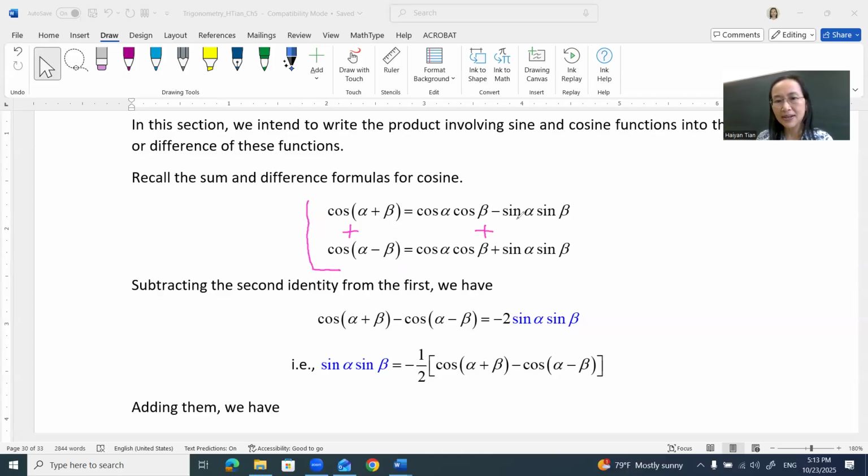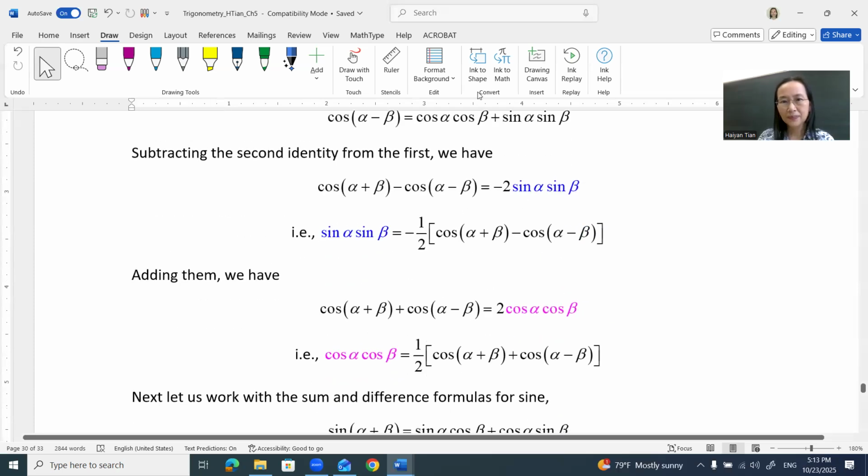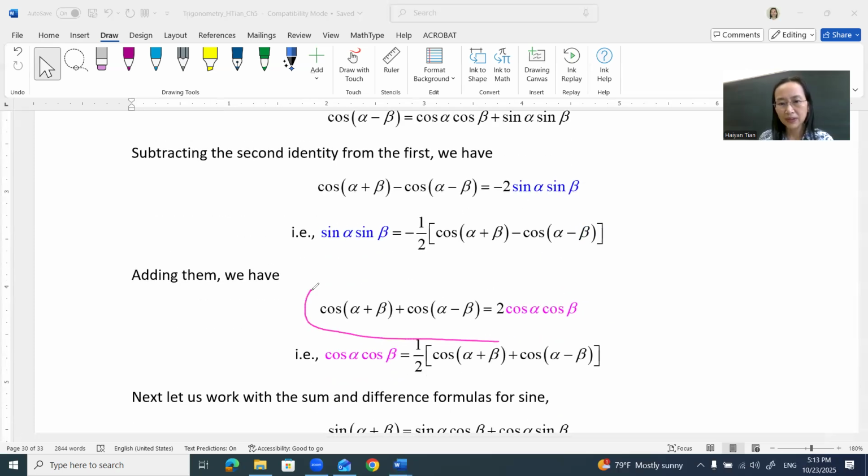When you add the right-hand side, you will cancel the sine terms, because these two terms have opposite sign, and they cancel. So we get twice of this cosine alpha, cosine beta. So then immediately, if we add, we will get another identity. You see, if we add cosine of the sum and cosine of difference of alpha beta, we get twice of cosine alpha, cosine beta.